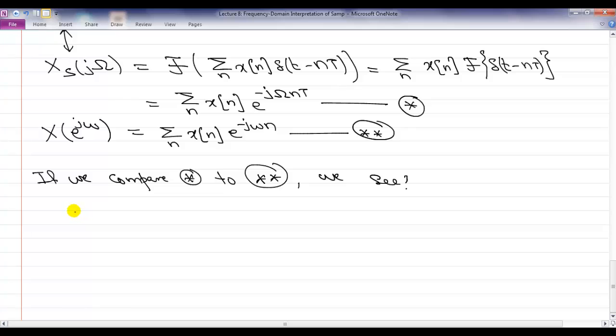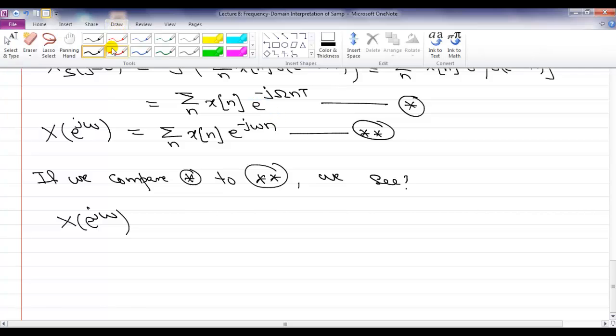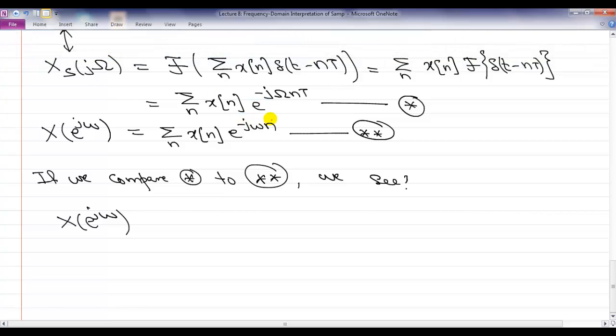If we compare this expression to the one above, we see that X(e^jω) is exactly Xs(jΩ). The only difference is that instead of little omega, it has capital omega T.